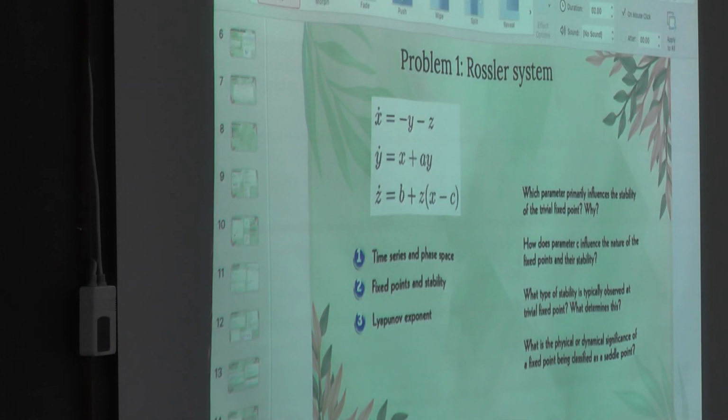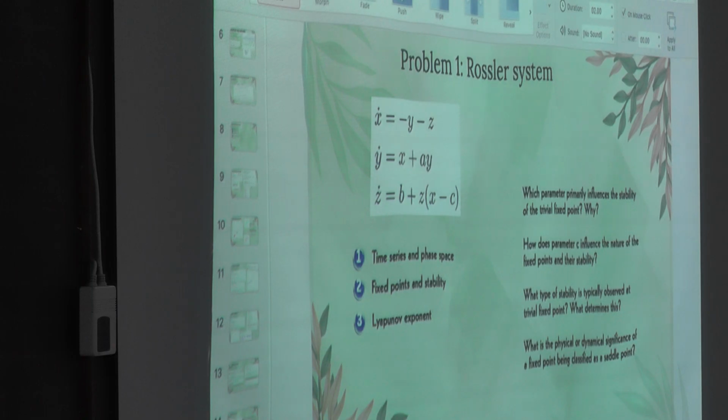Okay, so why? Because a appears directly in the eigenvalues of the Jacobian. If you do the Jacobian, we can see. I think I have the Jacobian here: 0, -1, -1, a, 0, z, 0, x minus c.